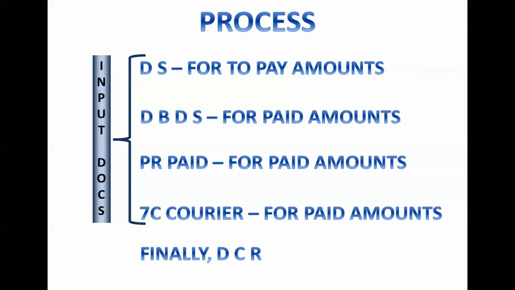Please note that PR paid and 7C courier are only made on paid basis and not on to pay or credit basis. These are the four input documents that you need. Let's take a look at each of these documents now.